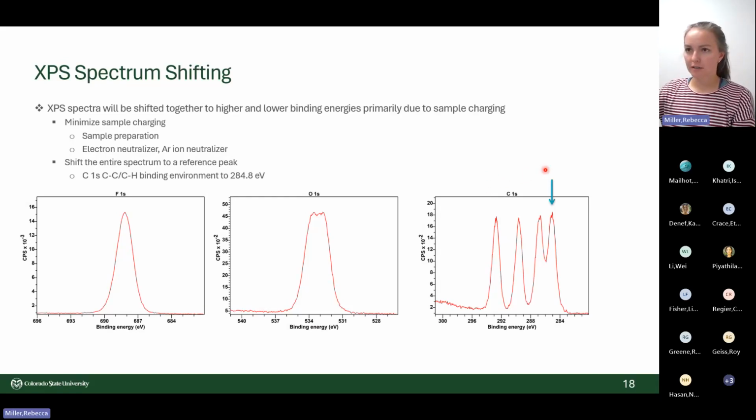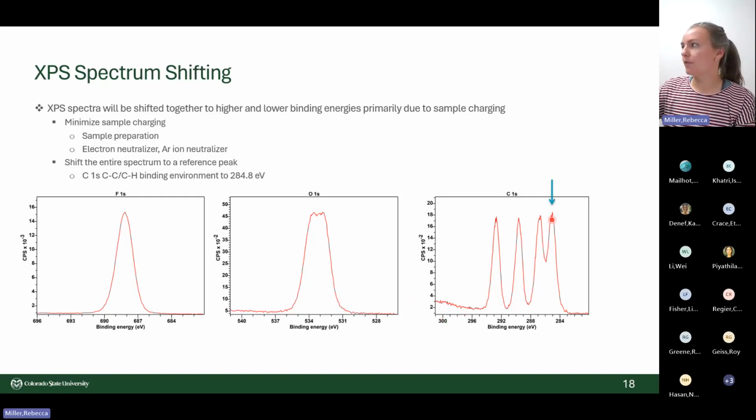Another common practice that might be used for XPS analysis is to reference your spectra to a specific energy. Typically samples are exposed to air and have some sort of carbonaceous material on the surface. So when you scan other elements for high resolution, you also scan carbon.